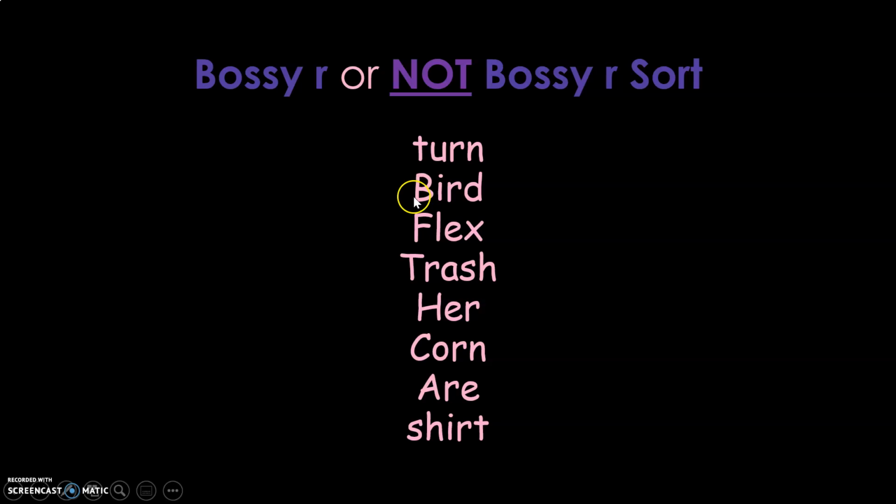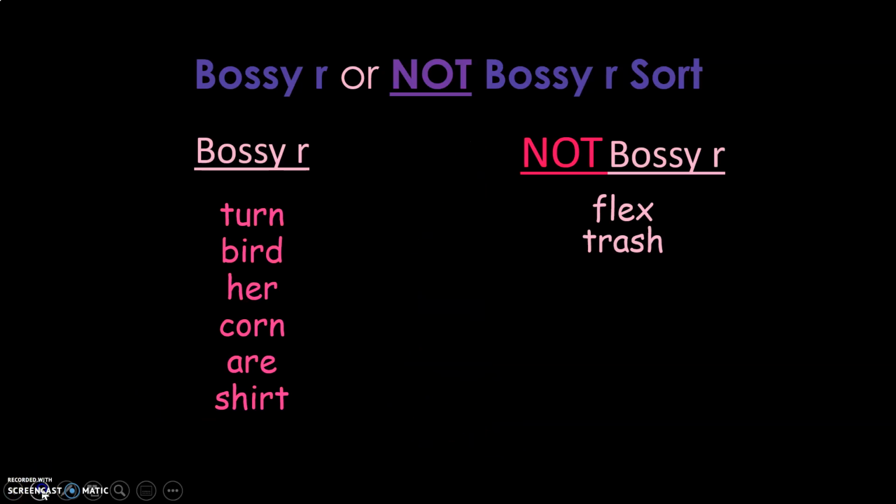Go ahead and read these words to yourself and look for one vowel followed by the consonant R. Let's see how you did on your word sort. Bossy R or not bossy R syllable sort. These were all the words that were the bossy R syllable. Turn, the UR says ur because it's a bad driver.